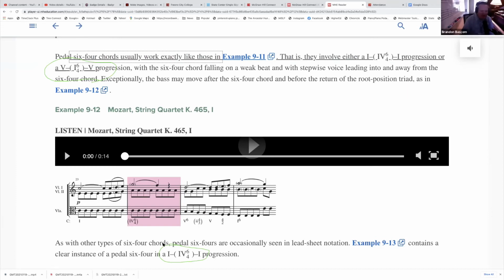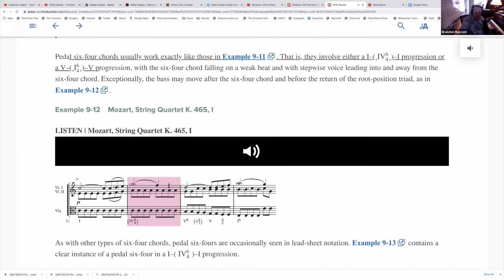To hear the passing 6/4 and the pedal 6/4, and how those two examples are different. Okay. Let's clear the screen. So this was the Mozart that we just heard, example 9-12.